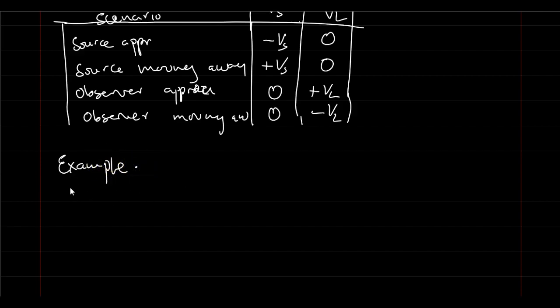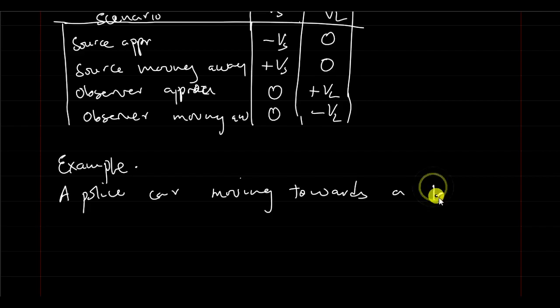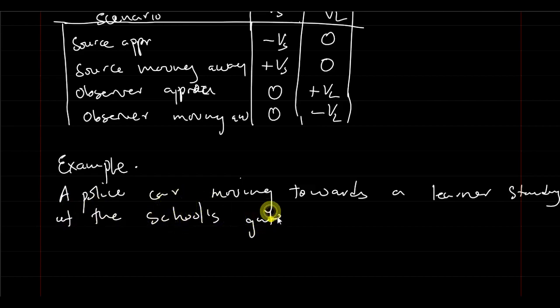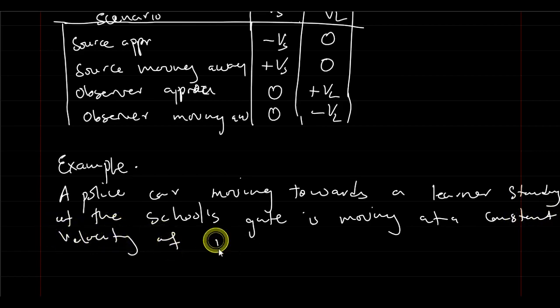Now let's say a police car moving towards Elena, standing at the school's gate, is moving at a constant velocity of 10 meters per second.